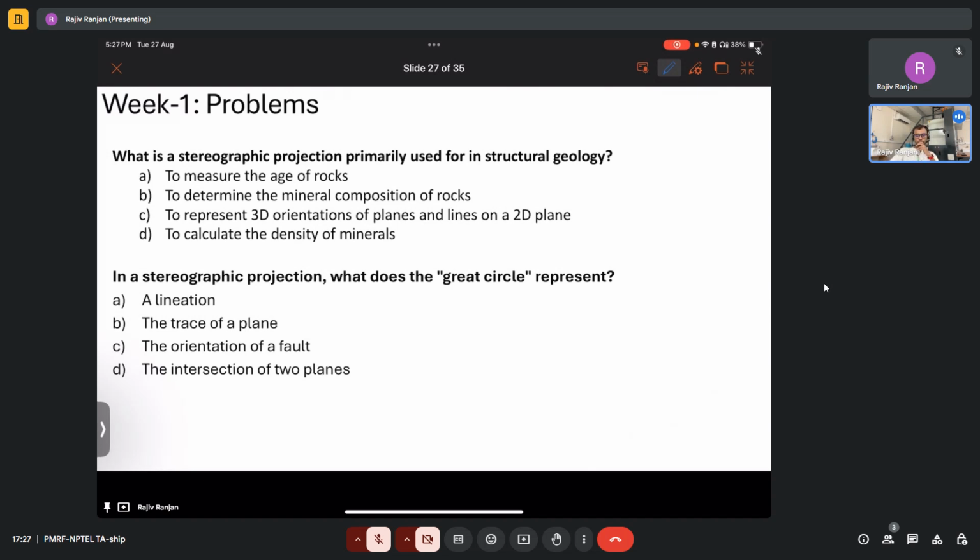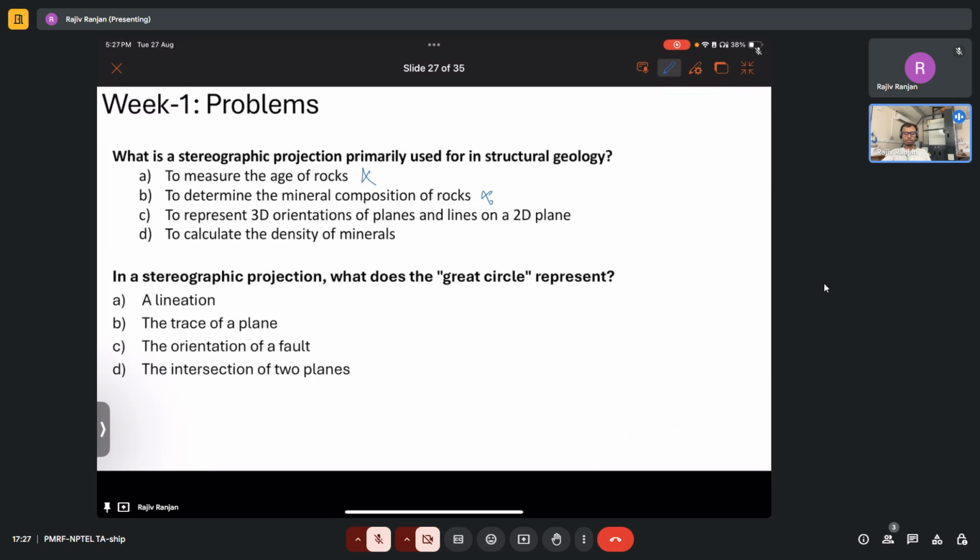What is the stereographic projection primarily used for in structural geology? I have also discussed this question. Tell me. To measure the age of rocks? No. To determine the mineral composition of rocks? No, right?